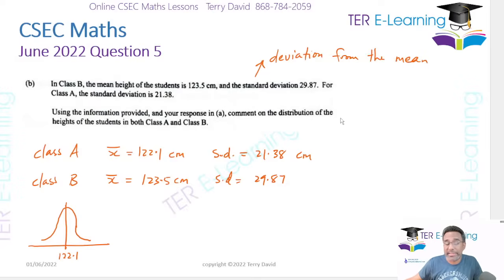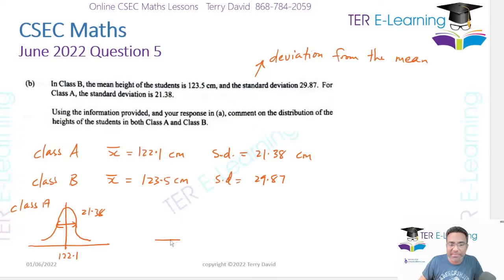That's what it is. It gives you an idea of your spread. So in this case, your standard deviation was 21.38, and this is for class A.